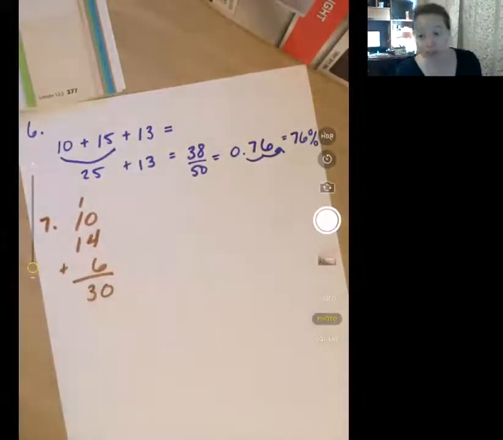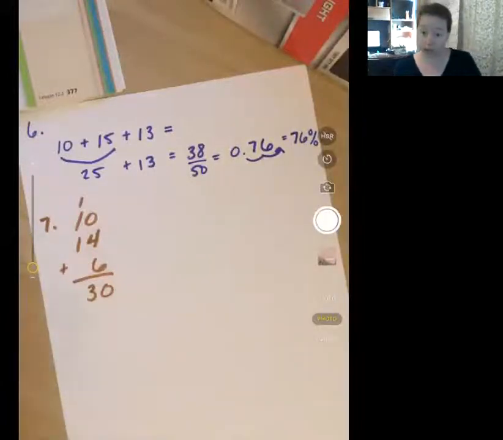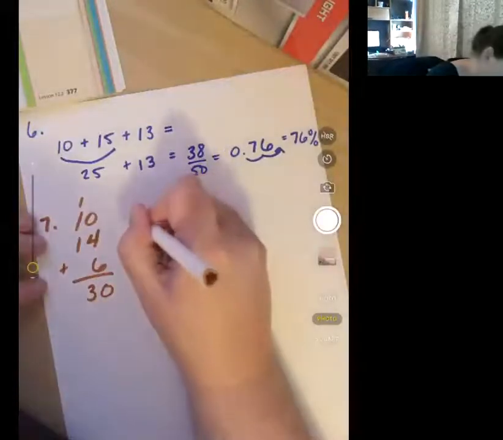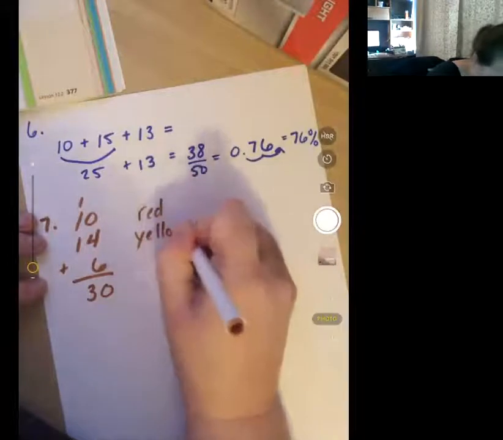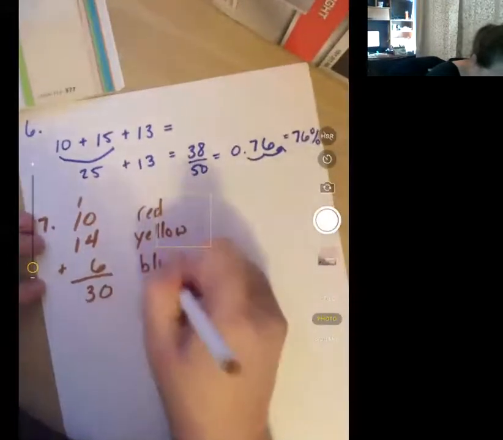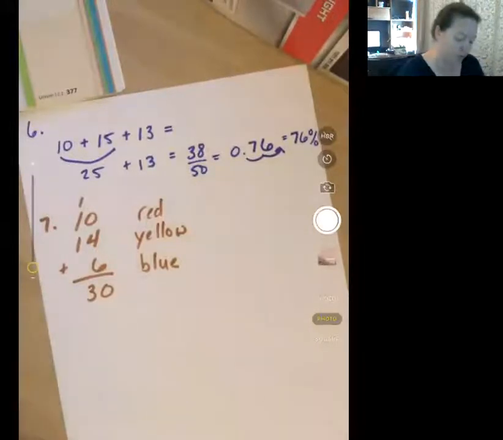So our denominator is going to be 30. So when we're talking about find the experimental probability of landing on each color, it wants to know every single one of the colors. It wants red, yellow, and blue. And it wants it in simplest form.